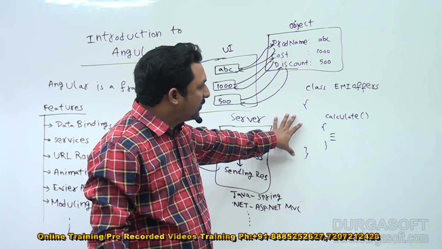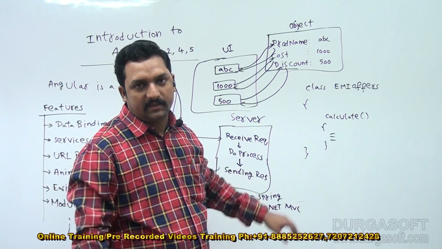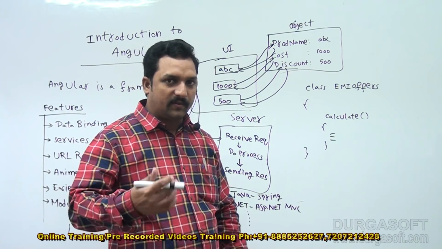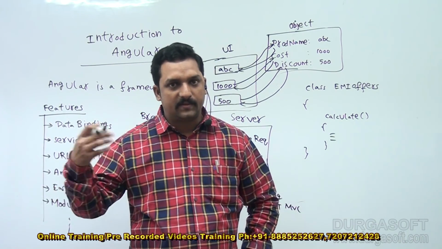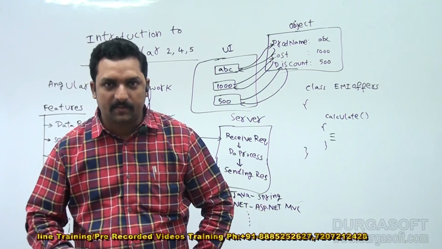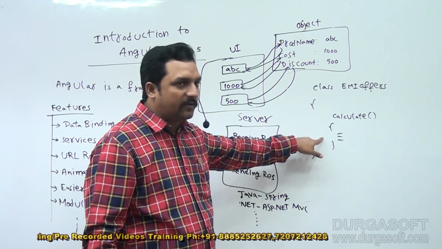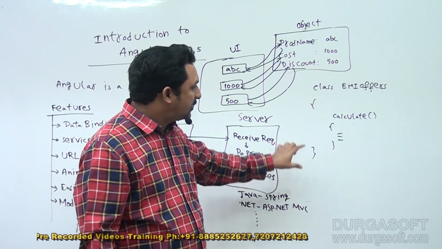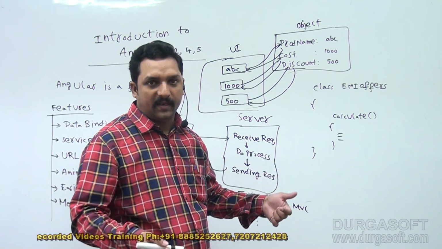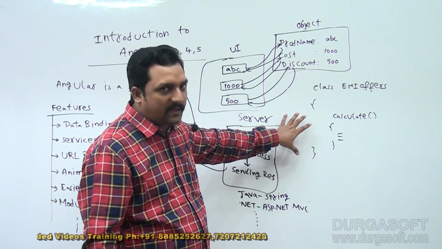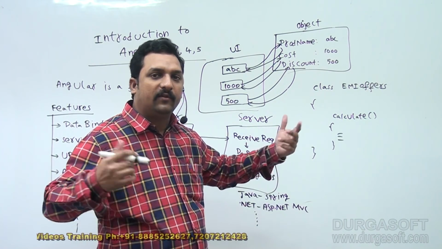But this same requirement is required in different pages. Suppose we have electronic space separately, mobile space separately, home appliances space separately. In each and every page, the same requirement, same formula for calculation. Instead of repeating the same code in every page, if we can place this as an independent item, that will be accessible everywhere.